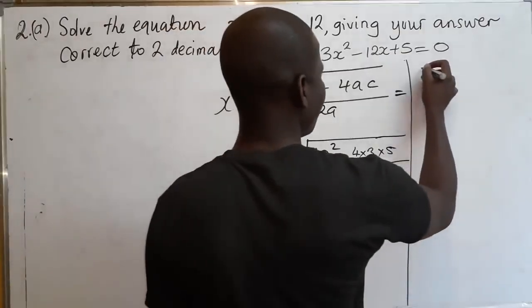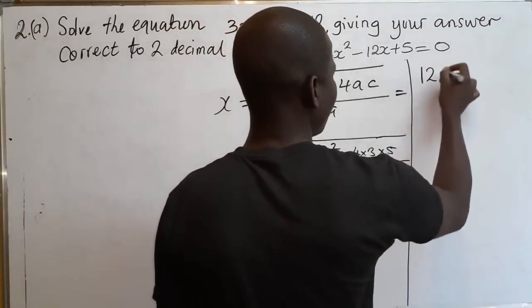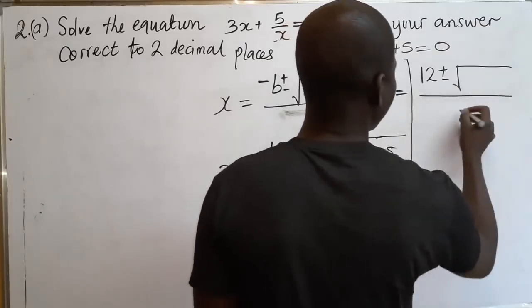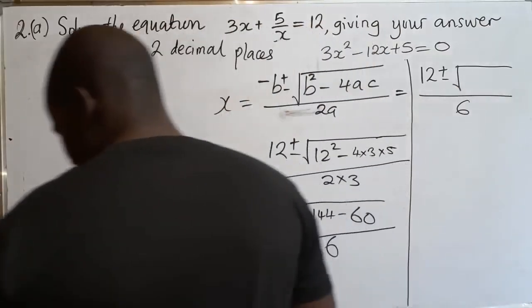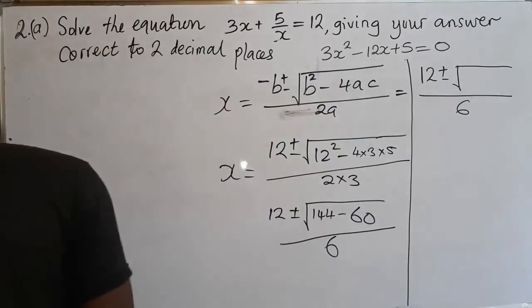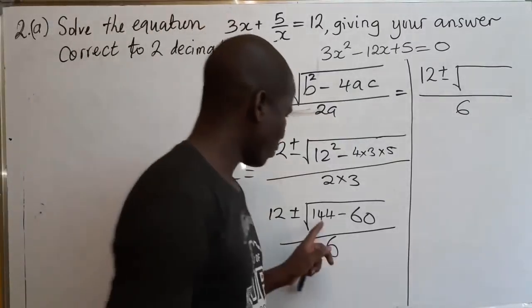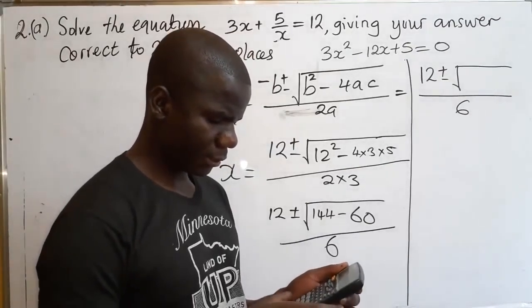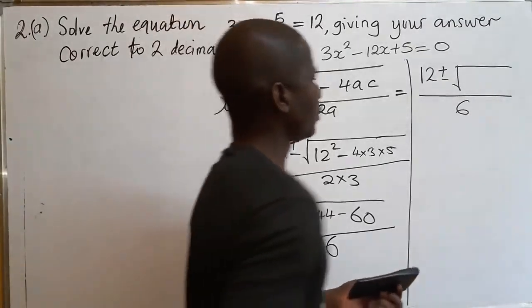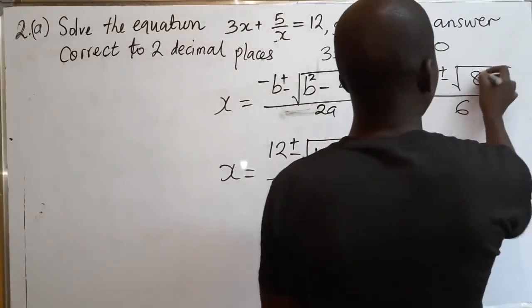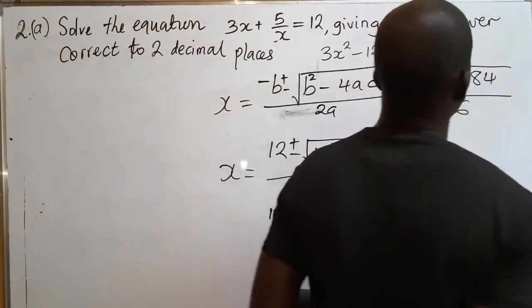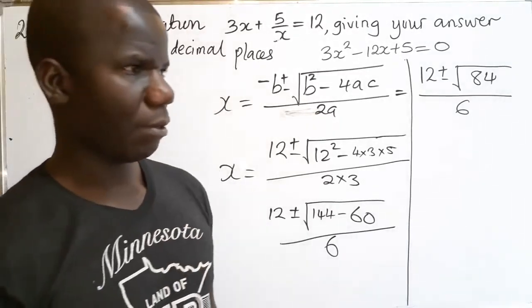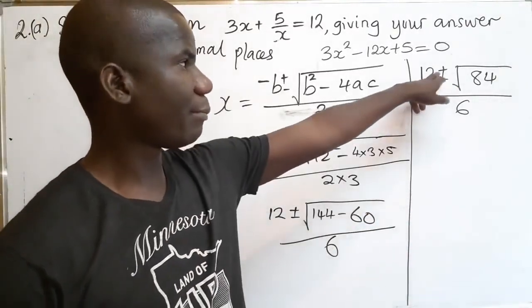Then at this point now, we need to go on and say we have 12 plus or minus the square root over 6. All right. So it's 144 minus 60. So here we are getting 84. So what this means is that we're going to have two values of x. One of the values is going to come from a plus.